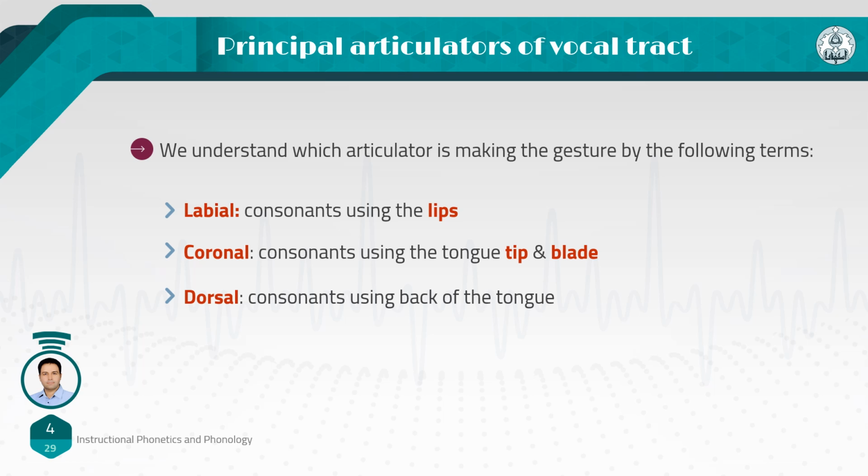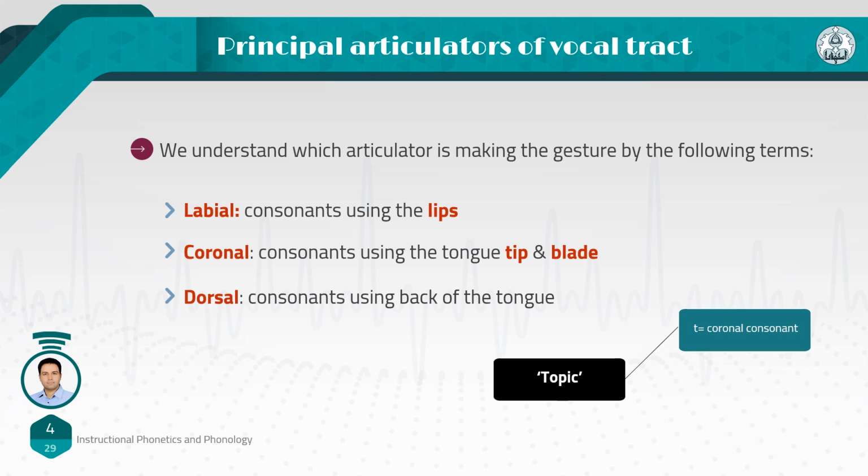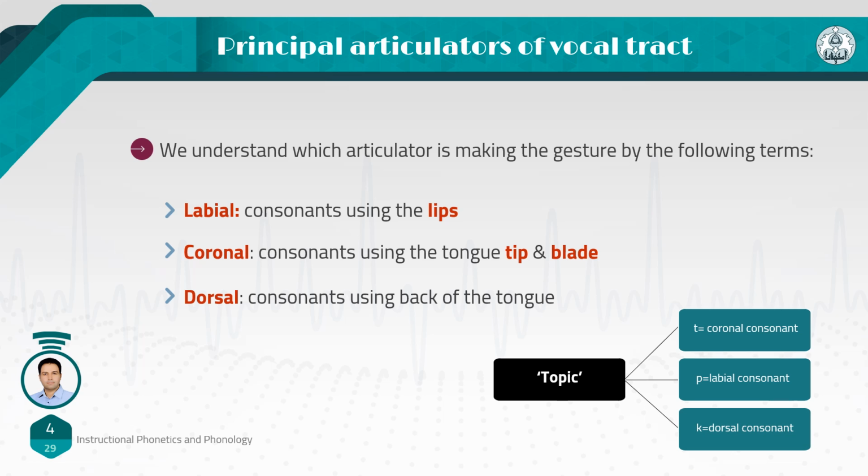The word topic, for example, begins with a coronal consonant. In the middle is a labial consonant, and at the end a dorsal consonant. If you pay attention, you can understand that when you say a word like topic, t is made by the coronal part, that is, t is made by the tip or blade of the tongue.